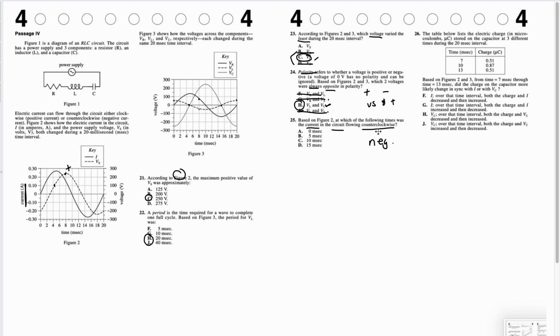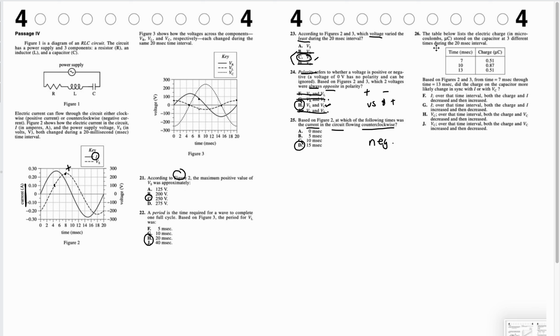When is it negative in figure 2? At 0 seconds, we're looking at I, the solid. At 0 seconds, it's neither. At 5 seconds, it's in the positive. At 10 seconds, it's neither. And at 15 seconds, it is in the negative. So the answer is D.